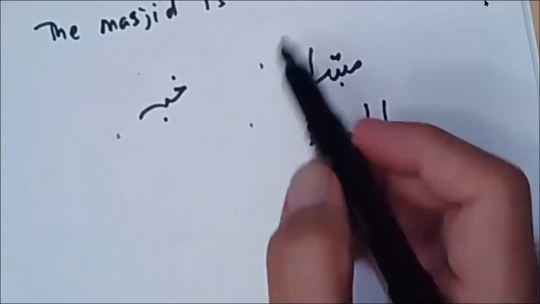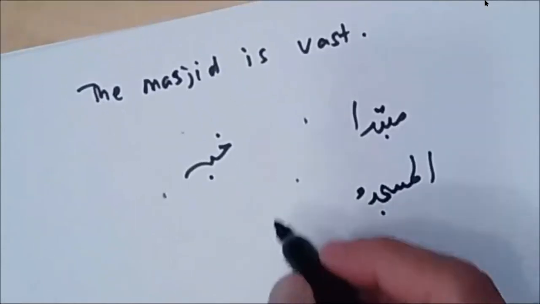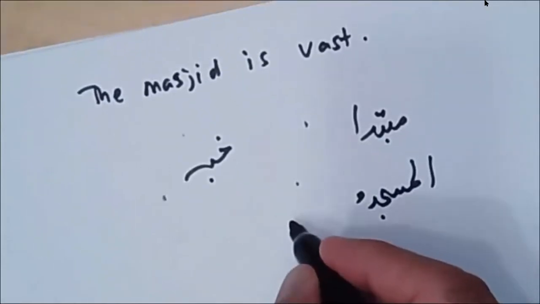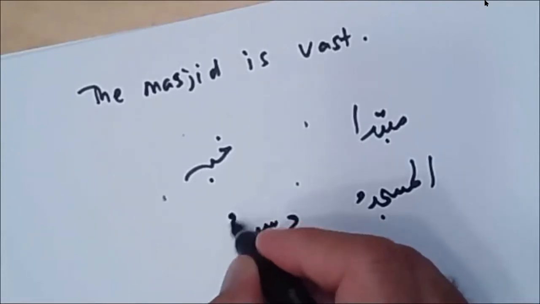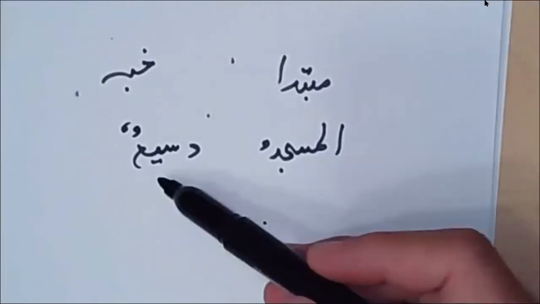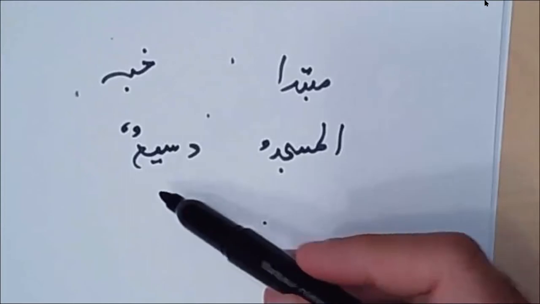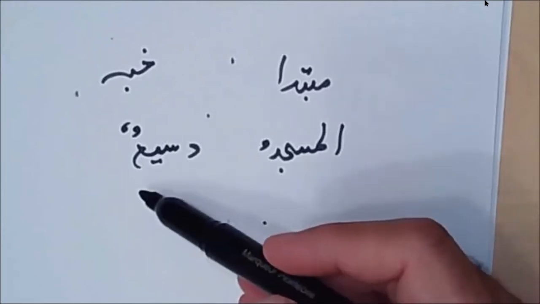Al-Masjidu. What is the vast? Wasi'un. Very good job. So what are the rules? Ma'rafa, nakara. Rafa, rafa. Singular, singular. Masculine, masculine. Making sense?